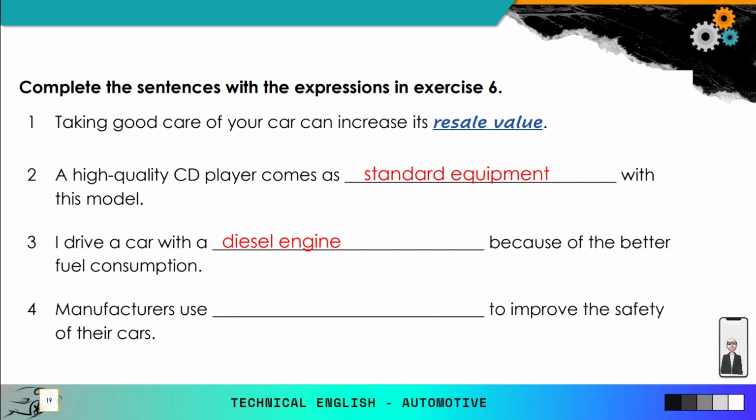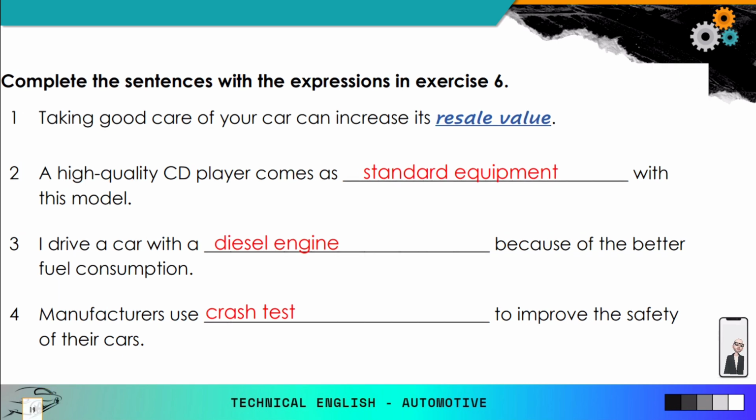Diesel engines usually have better fuel consumption as opposed to their petrol counterparts, although hybrids and electric cars are these days a bit more efficient. All right, nevertheless, number 4, manufacturers use crash tests to improve the safety of their cars.